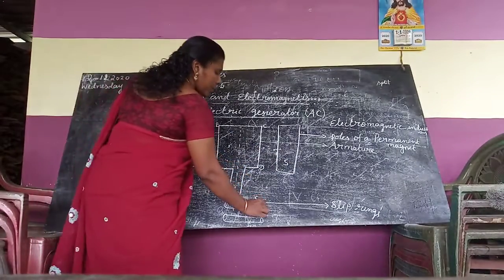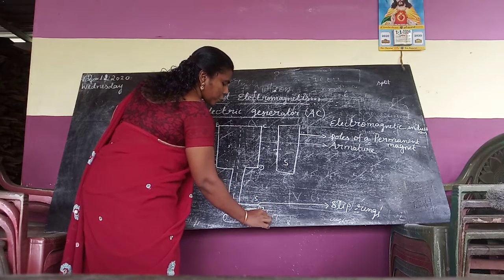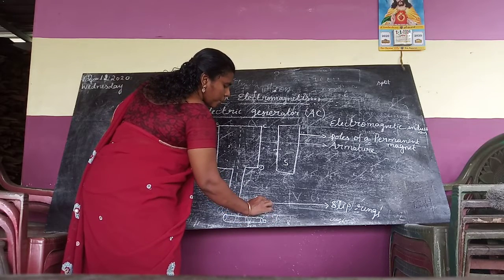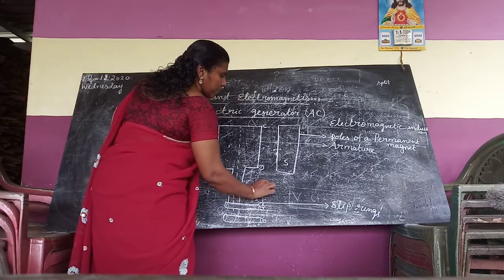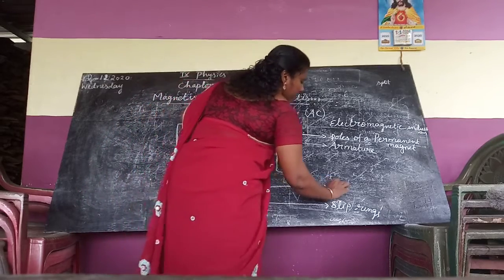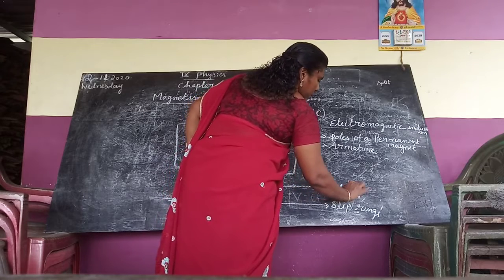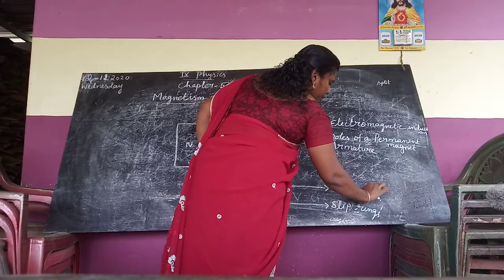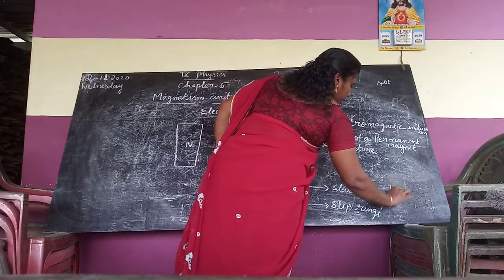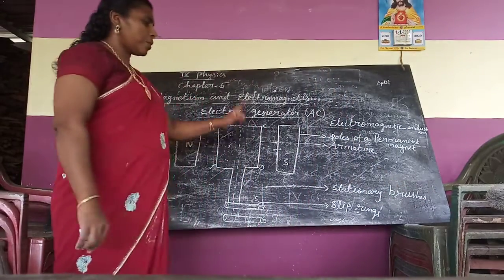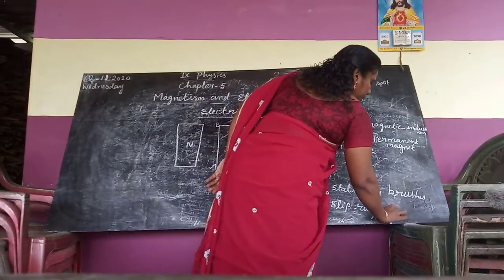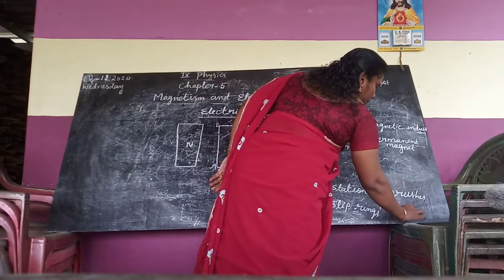Now, touching the slip rings, there are stationary brushes B1 and B2. Here we can mark the stationary brushes B1 and B2, and the slip rings S1, S2.